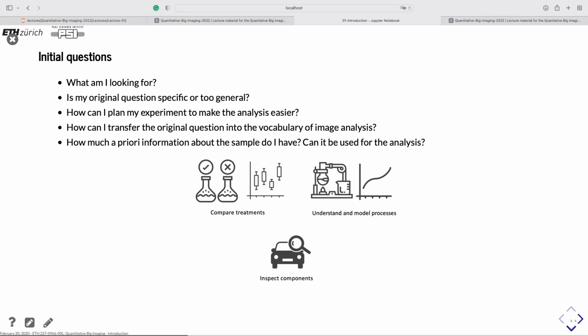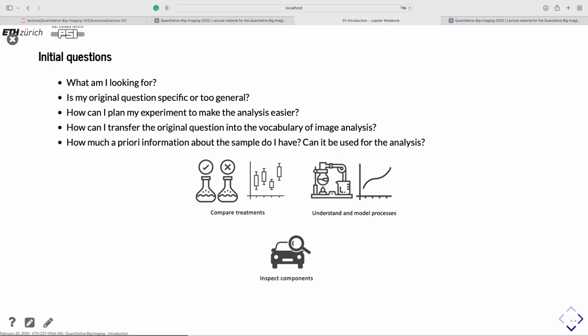Can you really do an image analysis based on that question, or do you have to reformulate it? And then based on that, you set up your experiment. And when you set up the experiment, how can you optimize the experiment in a way you can get a better analysis?